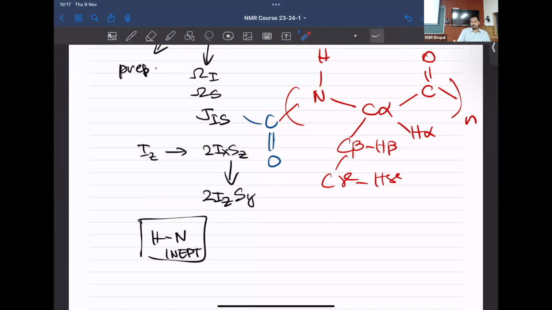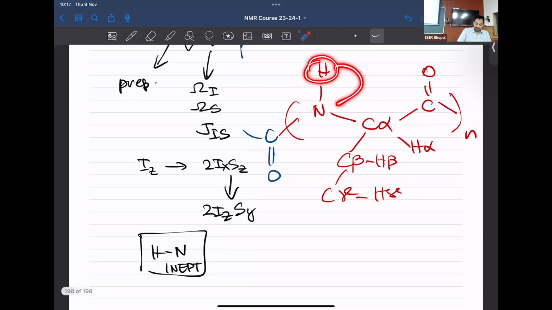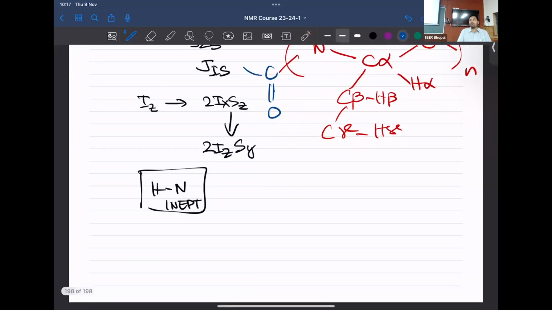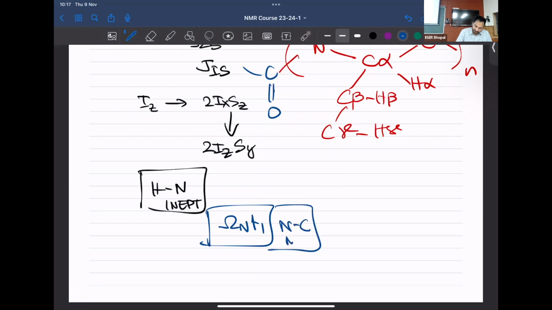How does the HNCO work? The HNCO ends up transferring from H to N, N to C, gets this labeled, and then moves back to the proton. So I told you yesterday there are two ways of doing this experiment. You can move from H to N and do nitrogen labeling, and then transfer to the carbonyl by an INEPT.